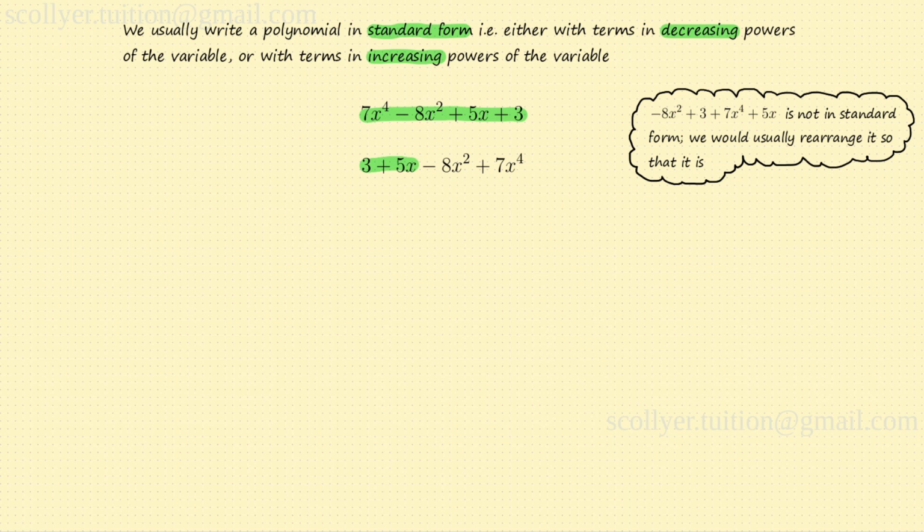The second is written with powers in increasing order, from left to right. However, this expression, which again represents the same polynomial, is not in standard form. Usually we rewrite a polynomial so that it is in standard form, because that makes two polynomials easier to compare.